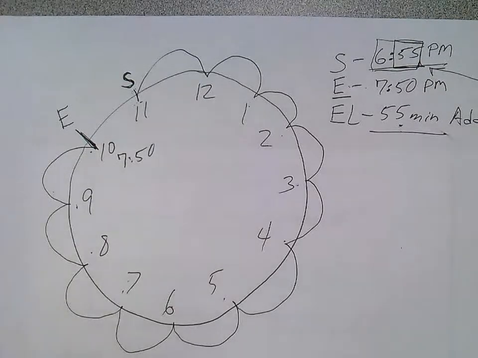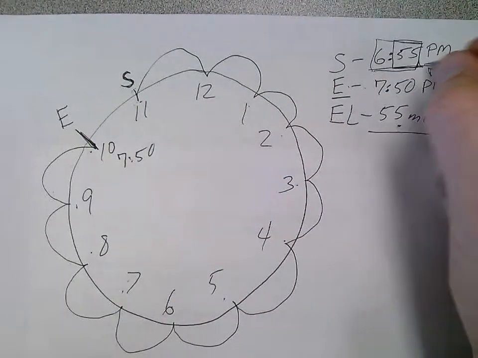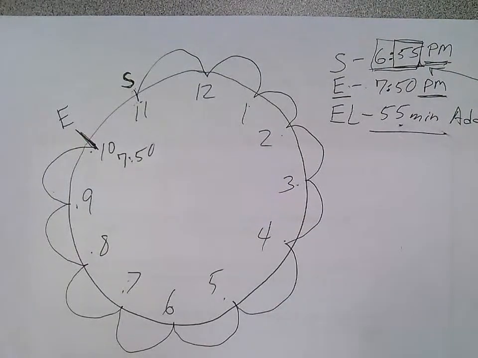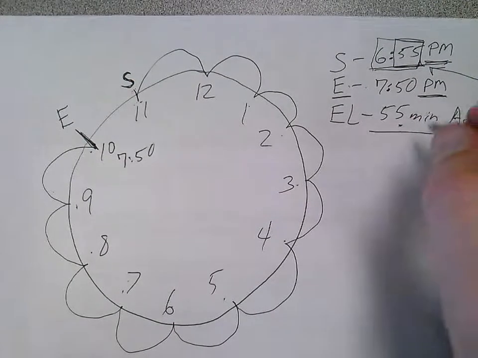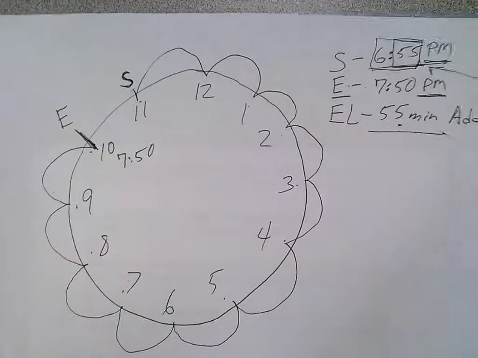So that's the morning. And then once noon hits, we're at PM, and PM lasts all the way up until midnight. So we didn't cross a noon or a midnight, so our AM, PM will stay the same. So our answer there is 7:50 p.m. Once again, we want to make sure we add our elapsed time onto our start time.